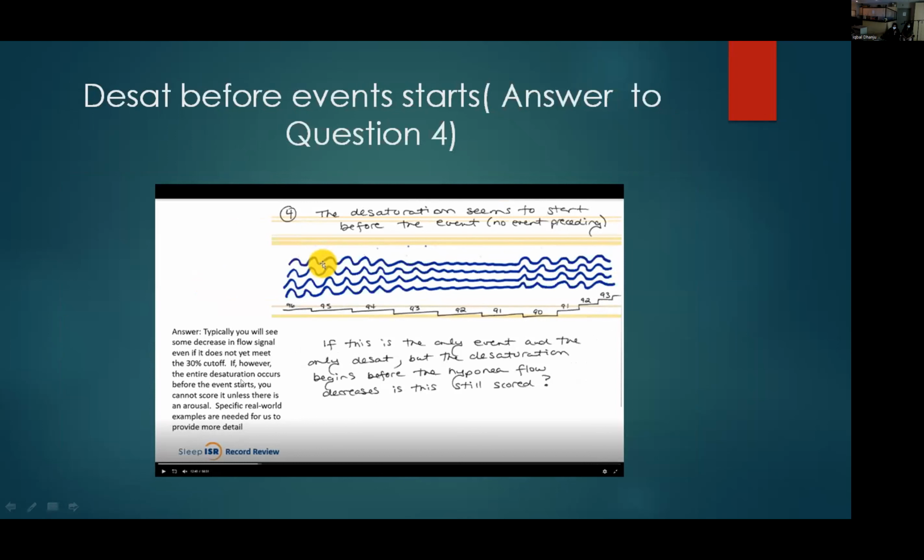If, however, the entire desaturation occurs before the event starts, you cannot score it unless there is an arousal. So if the desaturation starts before the reduction of the airflow, you have to have an arousal to qualify as a hypopnea here.